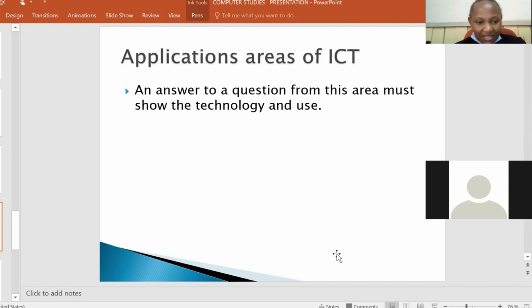Another question is on application areas of ICT. I had earlier mentioned that an answer to a question from this section must show the technology and use for it to qualify as a right answer.